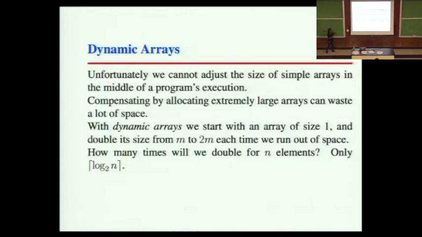So what should i be so that I have n space? I have n slots. Well, that's 2 to the i equals n, and you take log on both sides, so you get, wait, what am I doing? Yep, thank you.